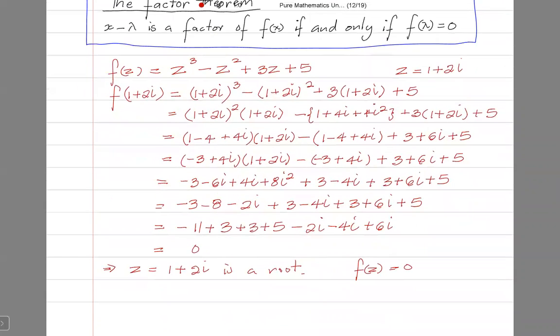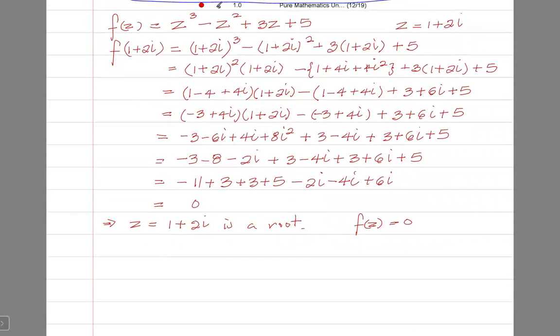So if z is equal to 1 plus 2i is a root, then z is equal to 1 minus 2i must also be a root, because once the coefficients are real, the roots must occur in conjugate pairs.